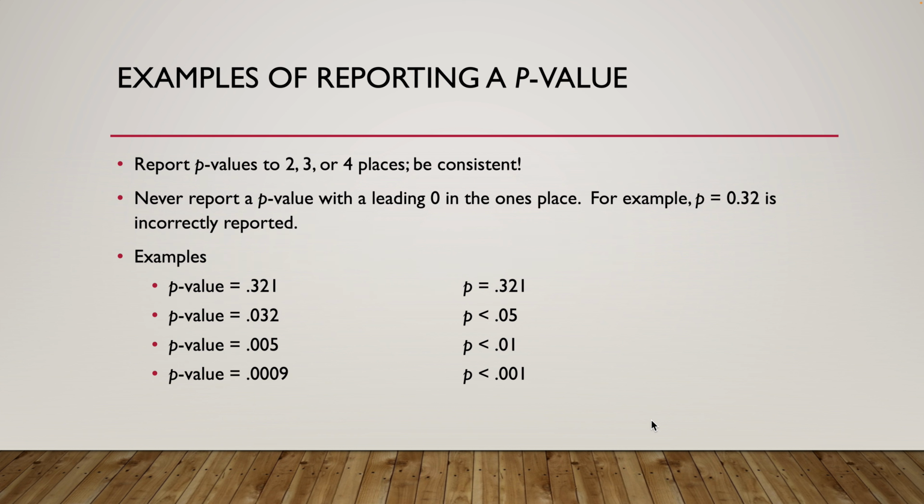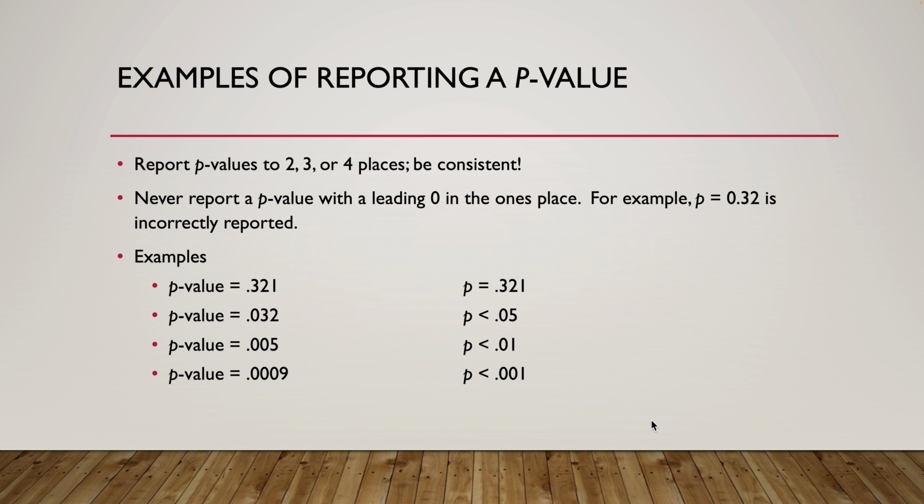So let's look at an example. You should report p-values to 2, 3, or 4 places. I typically report p-values to 3 places, but it just depends. But you never report a p-value with a leading 0 in the ones place. So let's just go down through some examples.